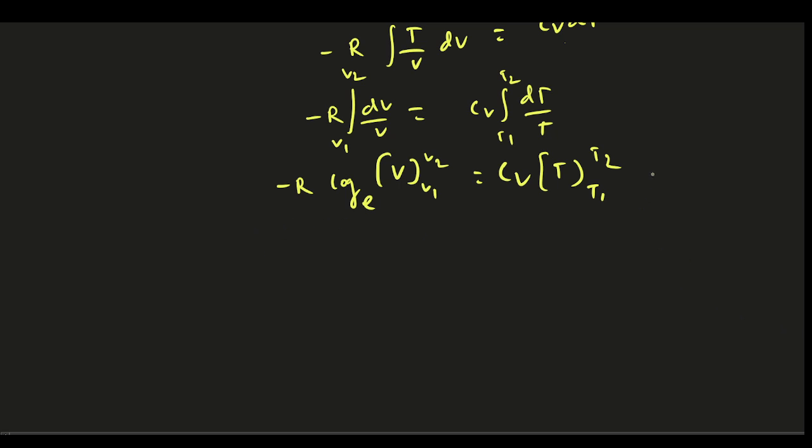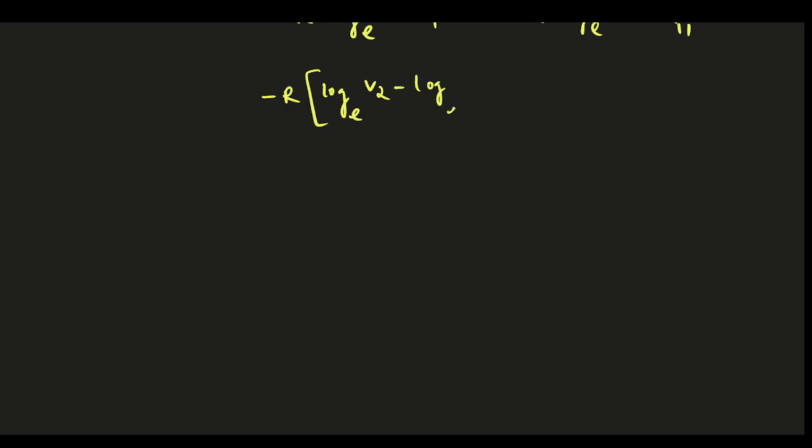So this will be minus R times log e V2 minus log e V1, equal to Cv times log e T2 minus log e T1.